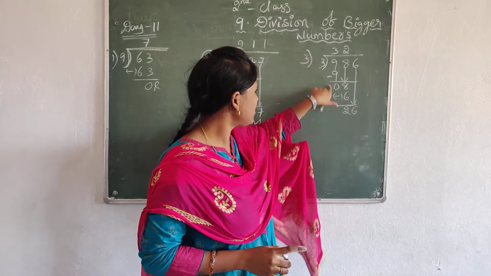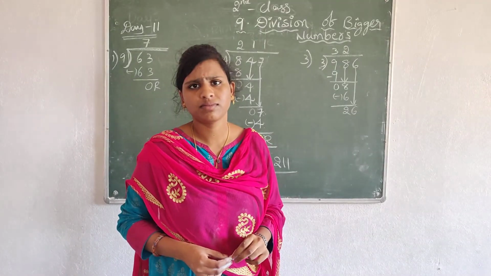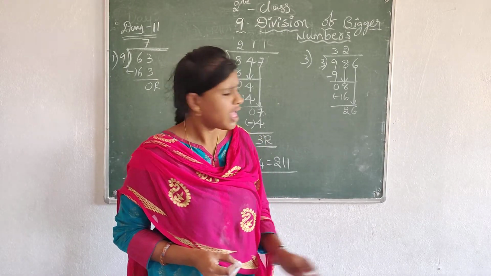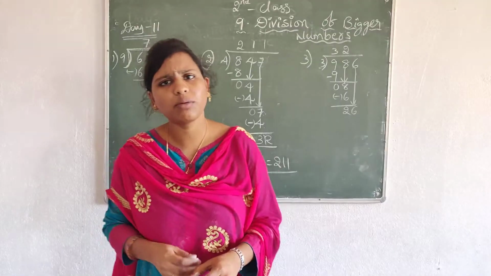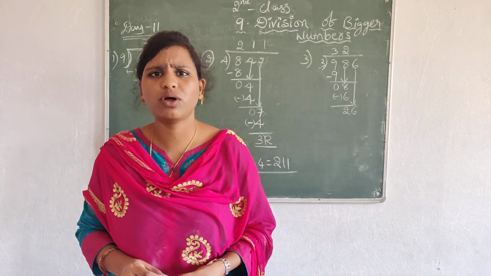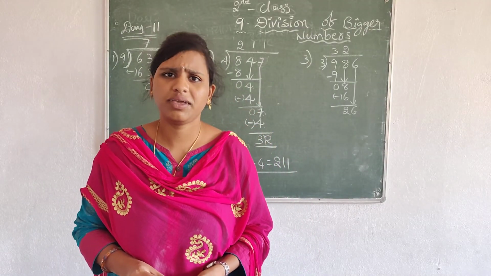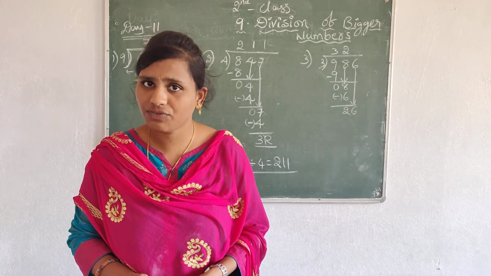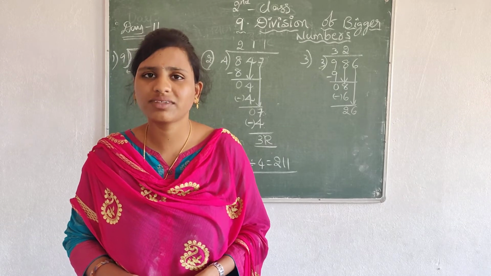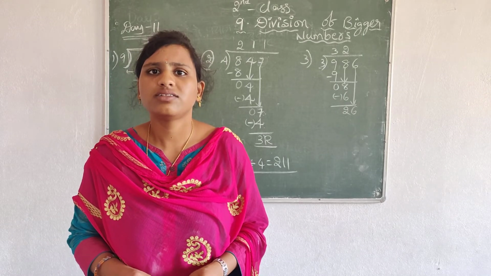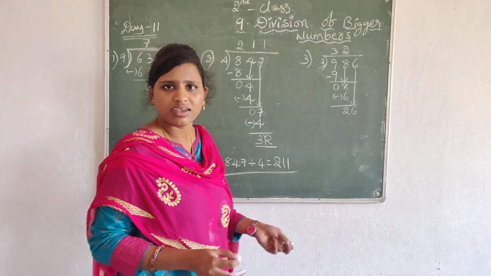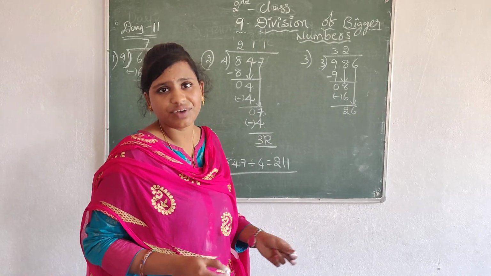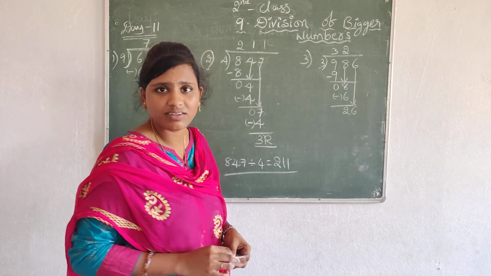Okay. Let's see. 3 is cancelled with 26? Yes or no? Tell me. No? Then see the numbers below 26. Tell me, which number will cancel? 25? No. 24? Yes. 3 how many times cancels 24? 3 6s are 18. 3 7s are how much? 21. 3 8s are 24.